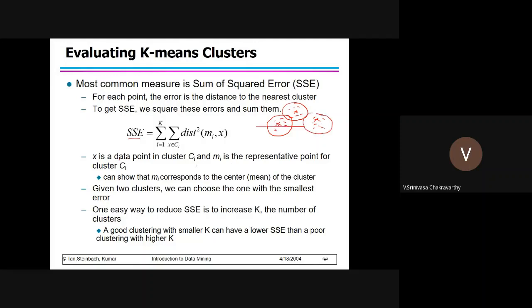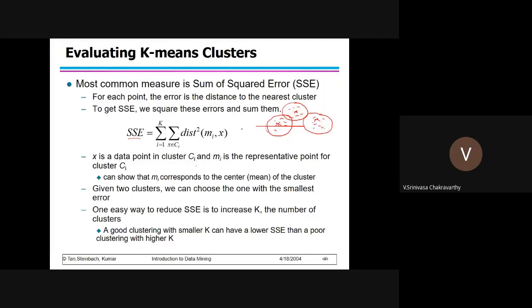Now add up all these three errors. That quantity is called the sum squared error, and this is what will be minimized when you do this iteration of the k-means clustering algorithm. And how is it meaningful? Because what are you doing when you're doing this? You are trying to make sure that the distance of all the data points within a given cluster is minimal.